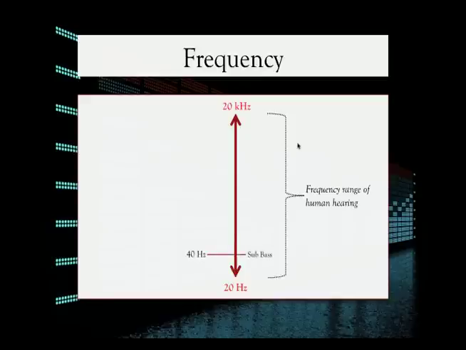So let's look at what this means for us as audio engineers, okay? Every musical instrument that we record, whether it's guitars, keyboard, basses, voice, they all have a fundamental frequency somewhere along this frequency range. Let's start with the sub bass. Your sub bass is going to have a fundamental frequency of around 40 hertz.